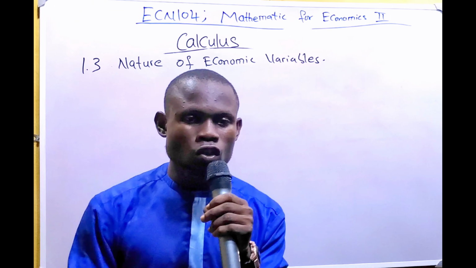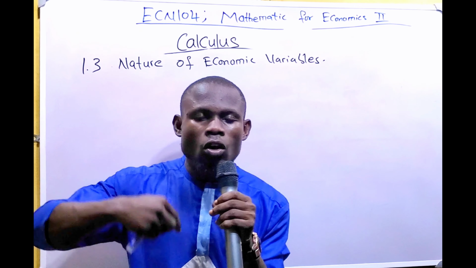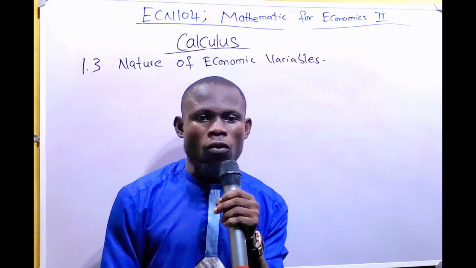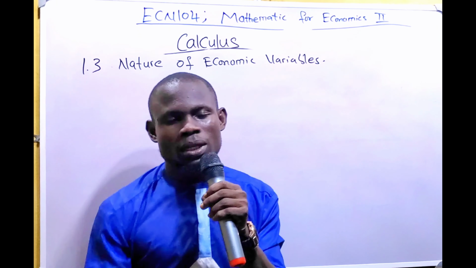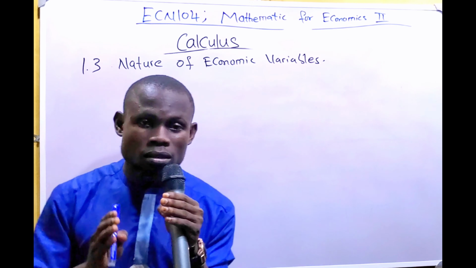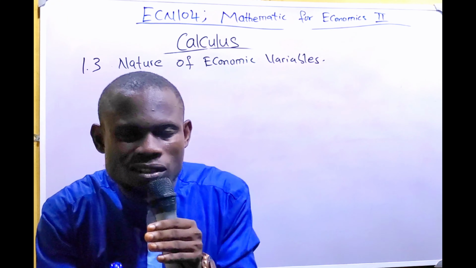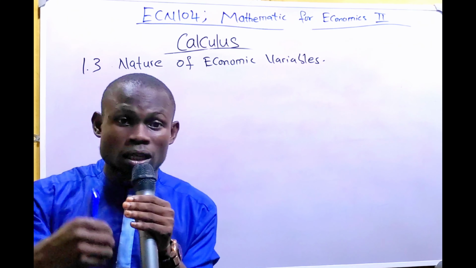So the nature of economic variables is that they are not static; they are always changing. Now, a change in an economic variable is a resultant of a change in their determinant. Remember, I discussed the independent and dependent variable, and I told you the independent variable causes the dependent variable to change.